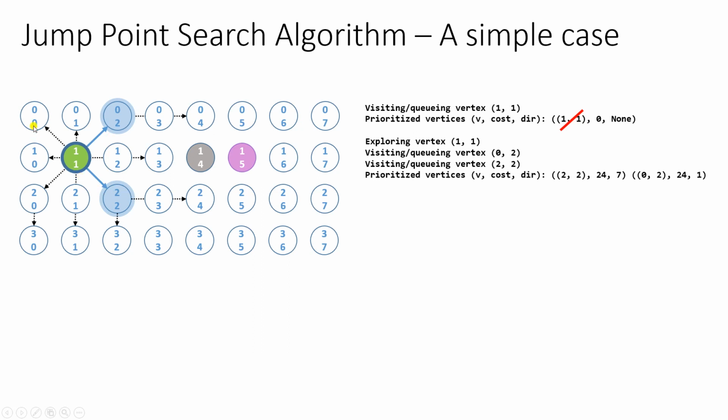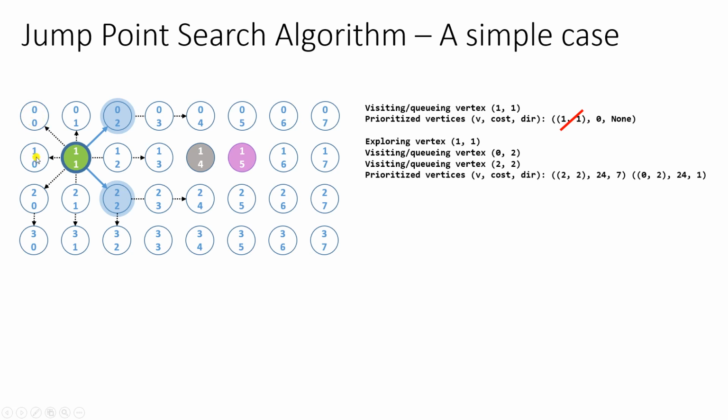Let's consider the first three: 0, 0, 1, 0, and 2, 0. 0, 0 leads nowhere. It's the edge of our grid, so it won't be selected as a jump point.